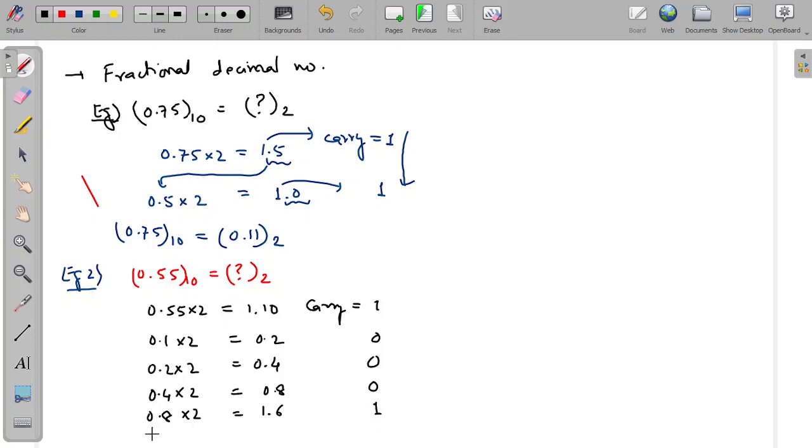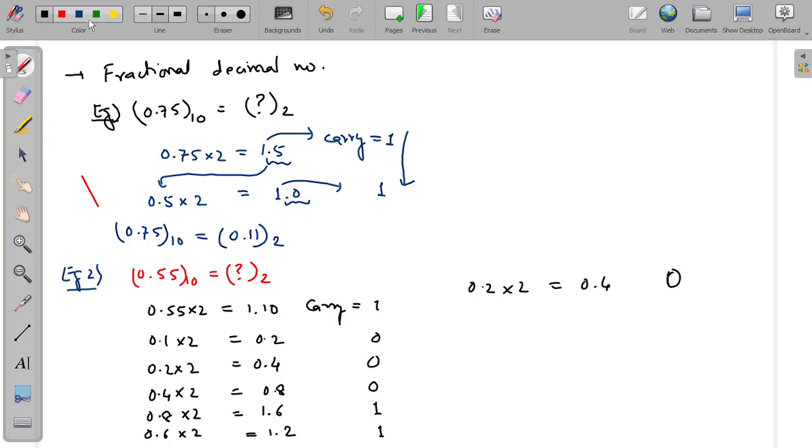So next step would be 0.6 times 2 becomes 1.2. Carry is 1. Okay, next step would be to multiply 0.2 into 2, and it will be 0.4, and the carry this time is 0.